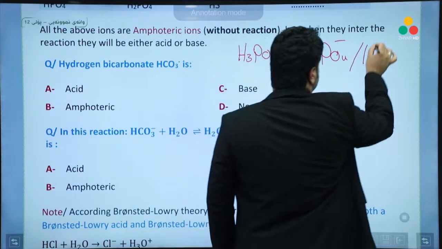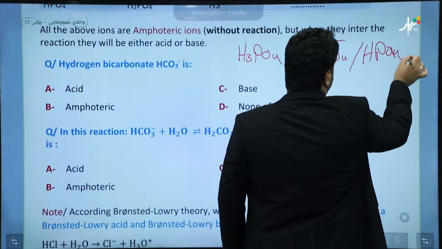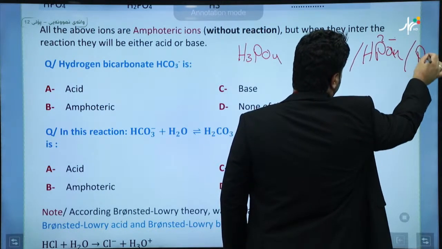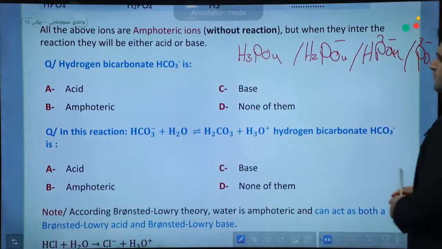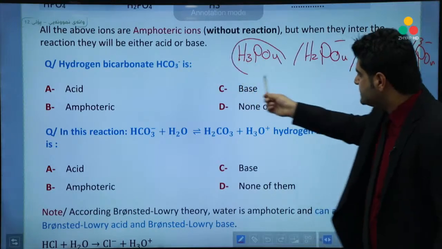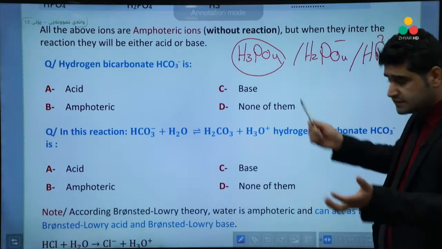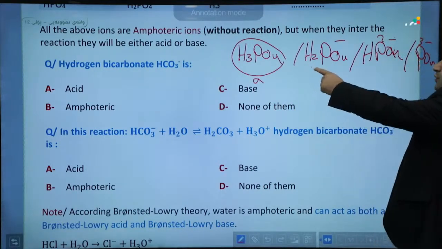It can produce HPO4 negative 2. And it can produce PO4 negative 3. Okay. Look. Is that amphoteric? No. It can release a proton only. It cannot gain a proton. So it's not amphoteric.